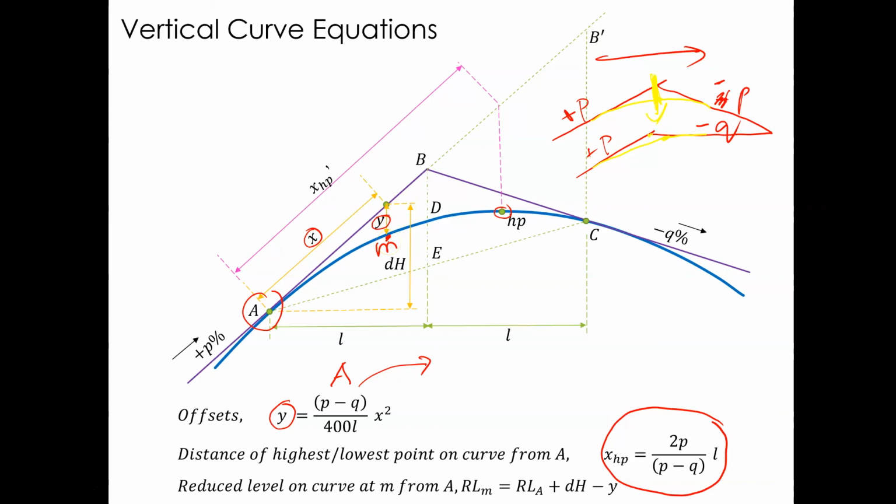That will give me the reduced level of M, the point that we require to mark on the curve. That's how we come about with the reduced level of the curve at M.